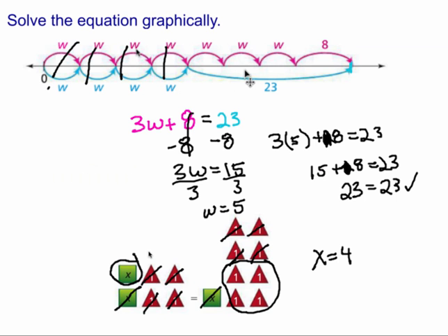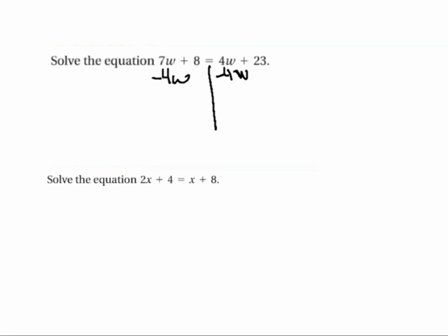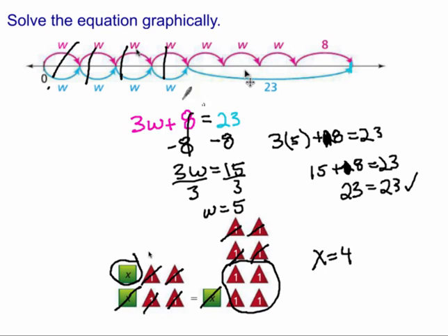And this corresponds with this. Took away 4w's from the pink side, I take away 4w's from the blue side. Same thing's happening here. Gets rid of all of them over here, and here I'm left with 3w's, and I still have the 8. Equals 23. And you can see how that was the equation we ended up with here, there, and then we solved it.